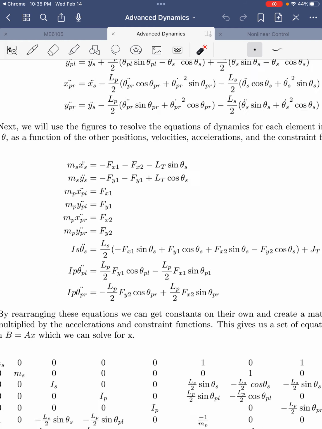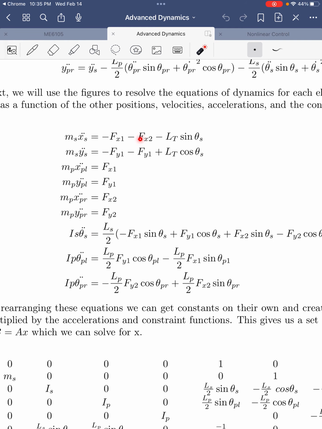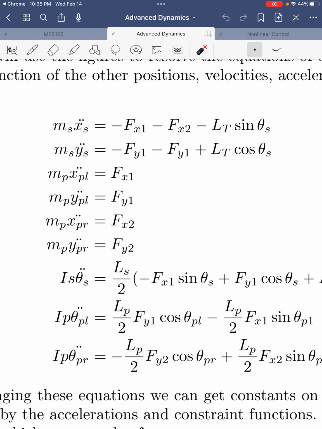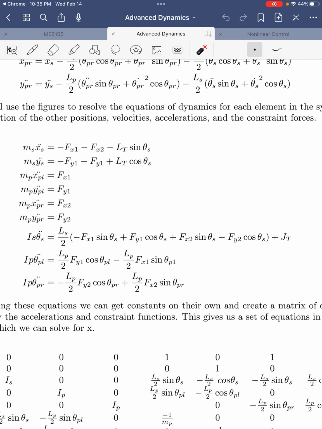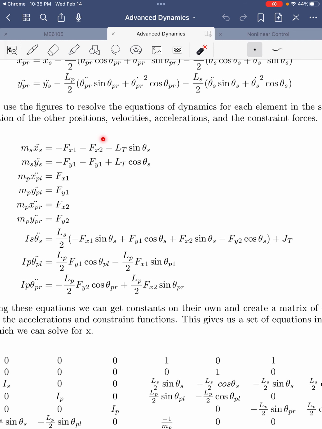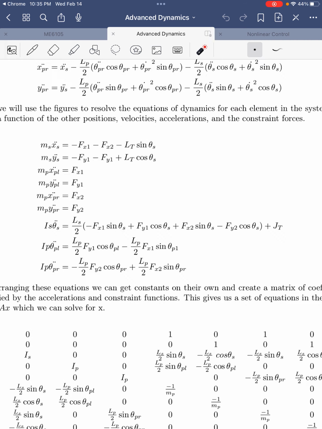None of them are too complicated, but I did for now include all of the elements. And you can see that there are contributions from the impulse in both x and y, depending on whether or not the spacecraft body is tilted at all, which makes sense.